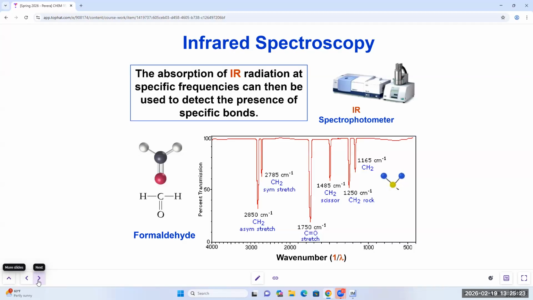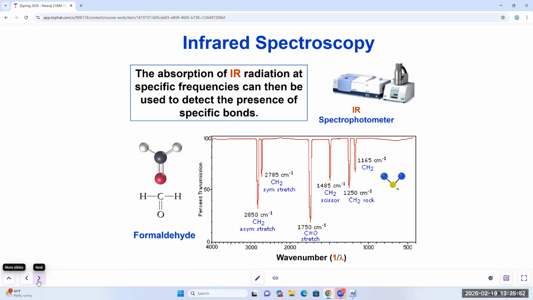That's how you say it, by the way: inverse centimeters is called per centimeters. The 1750 per centimeter peak tells us that we have a C double bond O bond in this molecule. Also there are multiple peaks telling us that there are CH bonds in this molecule. So we have CH bonds and the C double bond O bond, and that's all we have in formaldehyde.